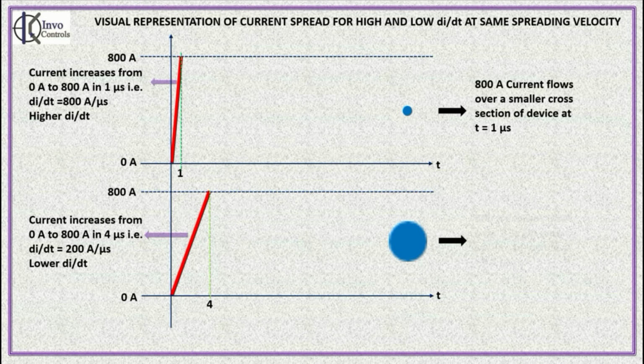Hence, current spread across a cross section of the device will be larger for the same spreading velocity. Hence, current density will be low. Now there will be lesser chance of hotspot creation and hence likelihood of damage to the device will be lesser.